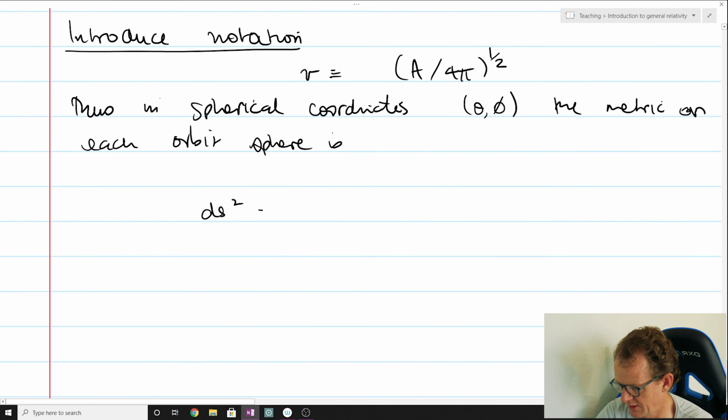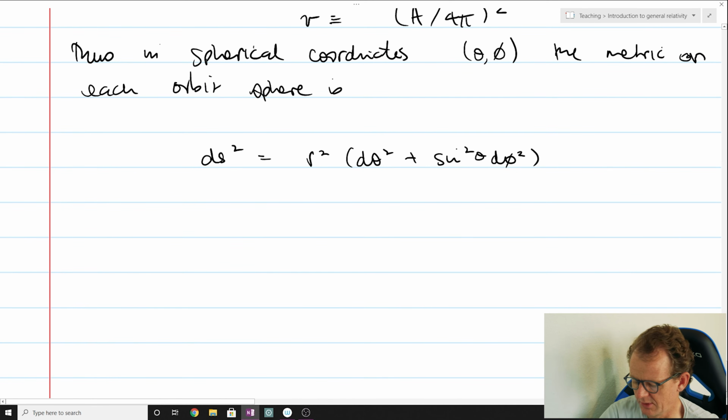We just use the metric of the two-sphere, which is unique, the rotation invariant. And now we know that the metric h_AB induced on each orbit sphere must look like this.